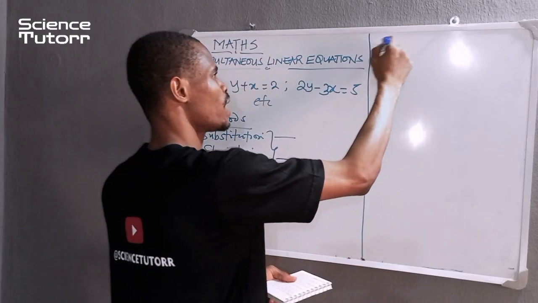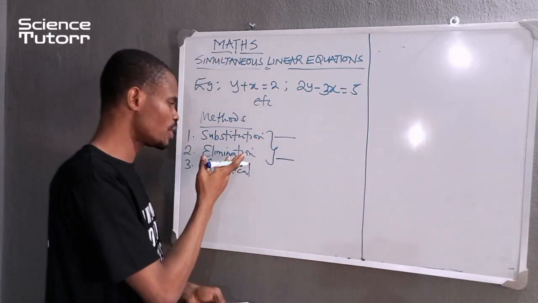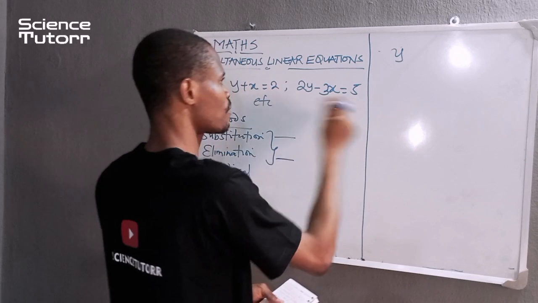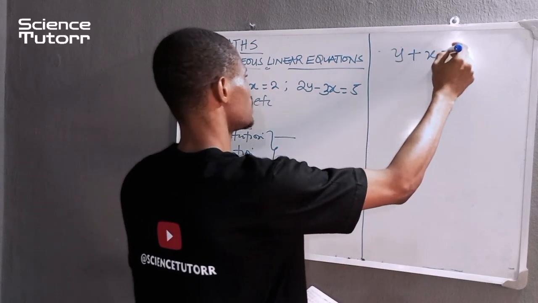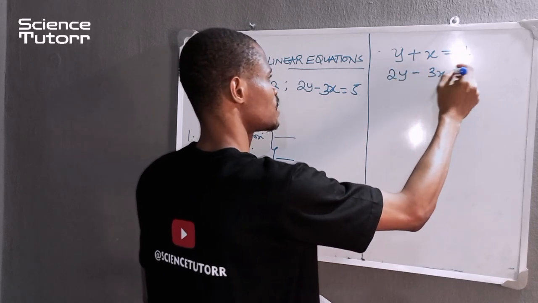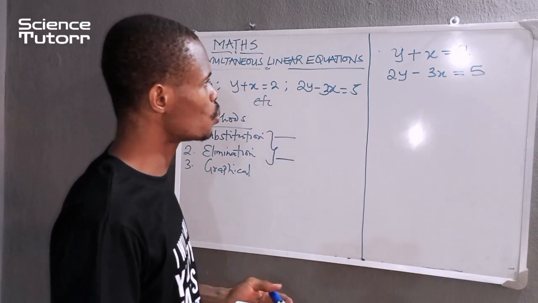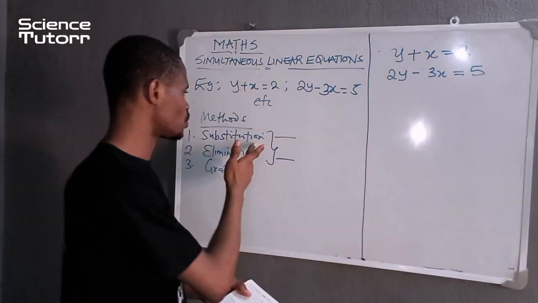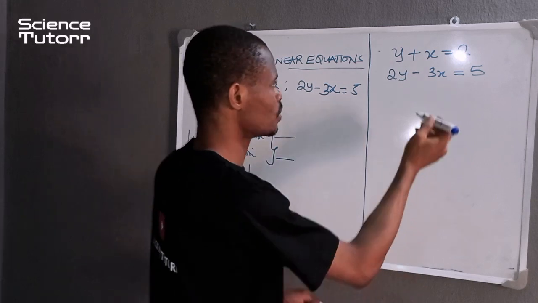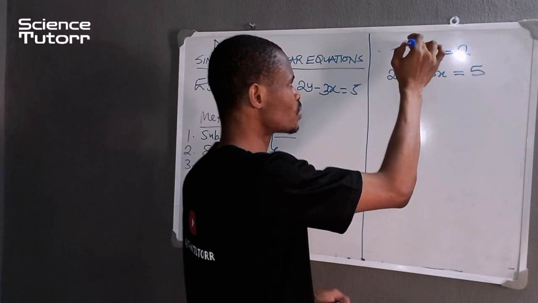For example, when do we use the substitution method? When do we use the elimination method? An example, I'm given an equation like we have on the board, y plus x equals 2, then 2y minus 3x equals 5. Now, either of the methods can be used. I could decide to use substitution. I could also decide to use elimination. Now, to use substitution, you consider the power.